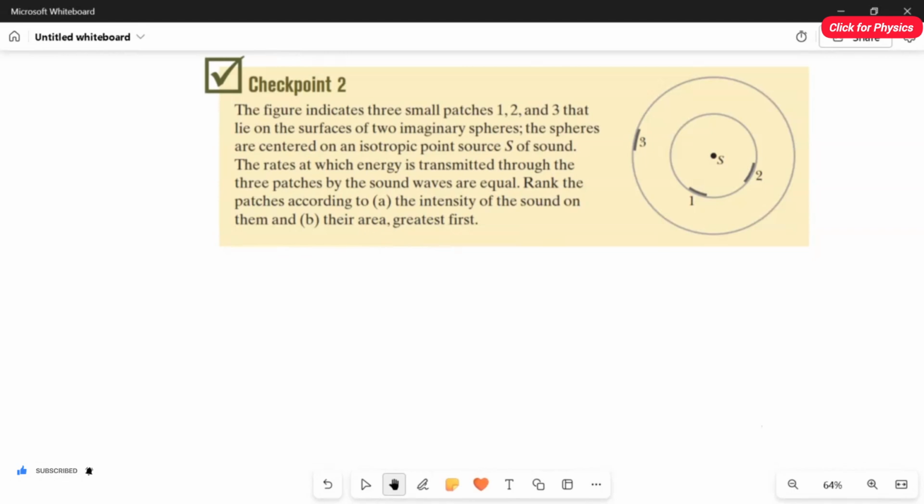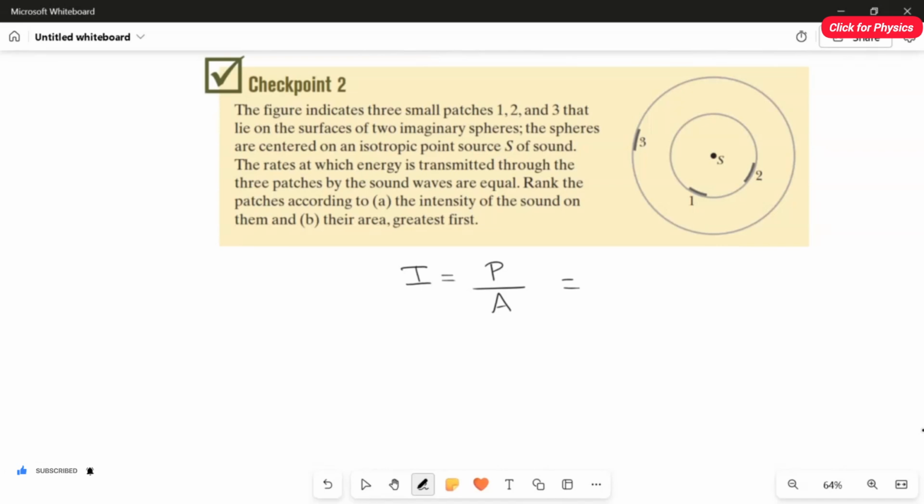For answering these two questions, we have to recall the formula which we studied from the theory. The intensity is given by the relation I equals power over area, where power is nothing but energy over time. They clearly mention the power is the same in all three patches. And they clearly mention this is the imaginary sphere, so we have to apply the rule for the surface area of the sphere.